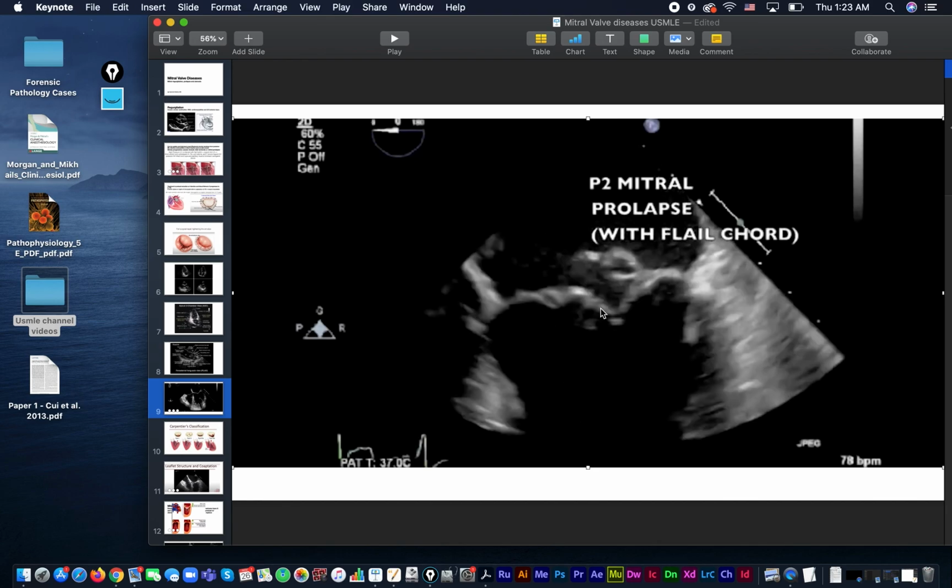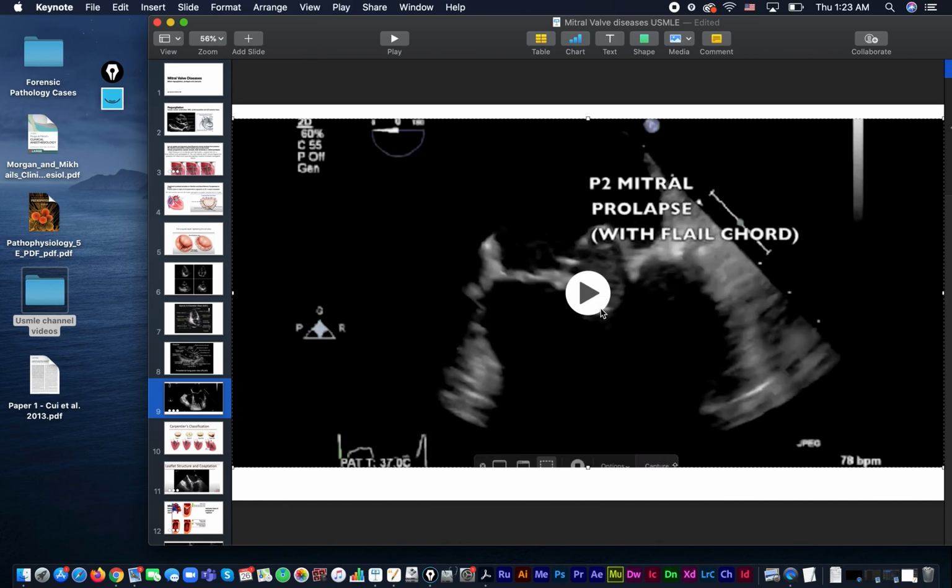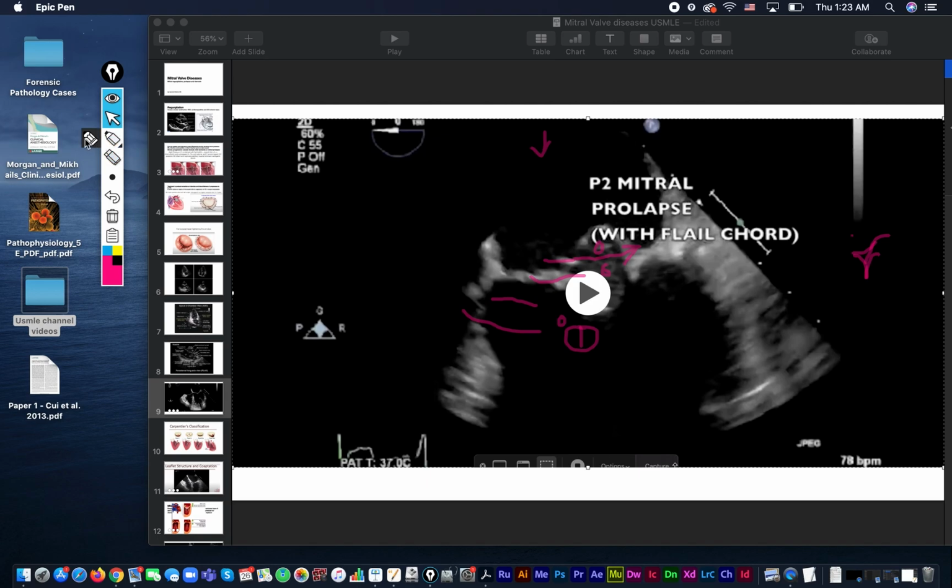Flail cord. Yeah, so see, this is often described as a parachute string, like the mitral valve is like a parachute. The chordae tendineae are like the strings on the parachute, and what happens if you lose a string?